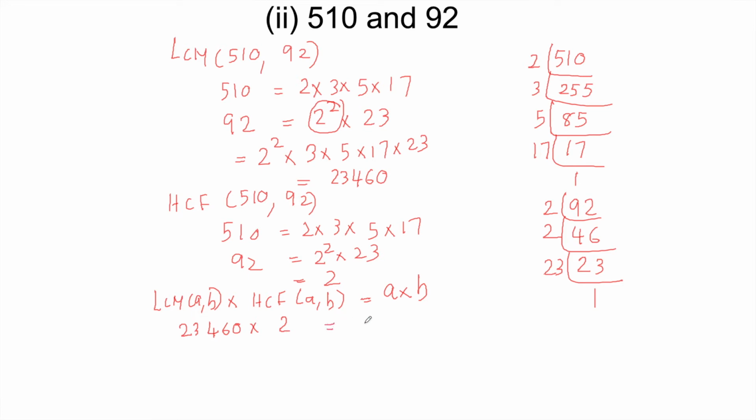This we will get as 46,920. And what is a into b? a into b is 510 into 92. That is also equal to 46,920. So it is verified.